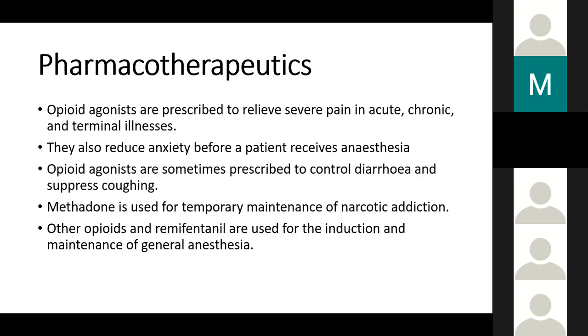So opioid agonists are used to relieve severe pain. So the key thing here is severe pain. And so it's always important to gauge the severity of the pain.